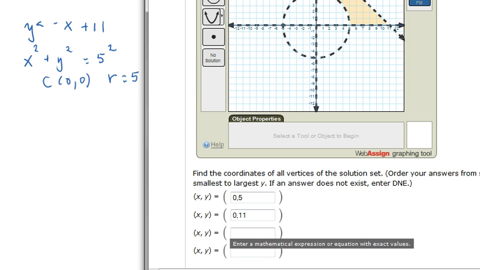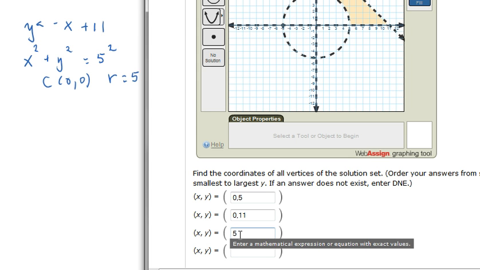The third, and I'm just checking what the wording is here. Answer from smallest to largest x, then smallest to largest y. So I think the next one that I should not go counterclockwise because there still is a vertex that would be 5, 0, and that is smaller than the 11, 0.